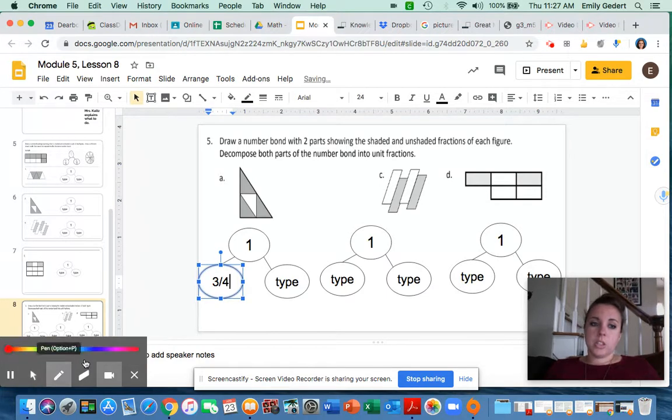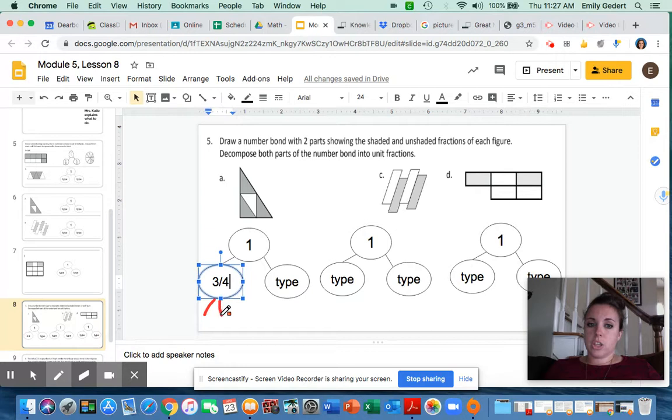Then what you would do is you would split this into the unit fractions, so 3 parts. This would be 1/4. This is very hard to do on my computer. And this is 1/4. You're going to do that 3 times.